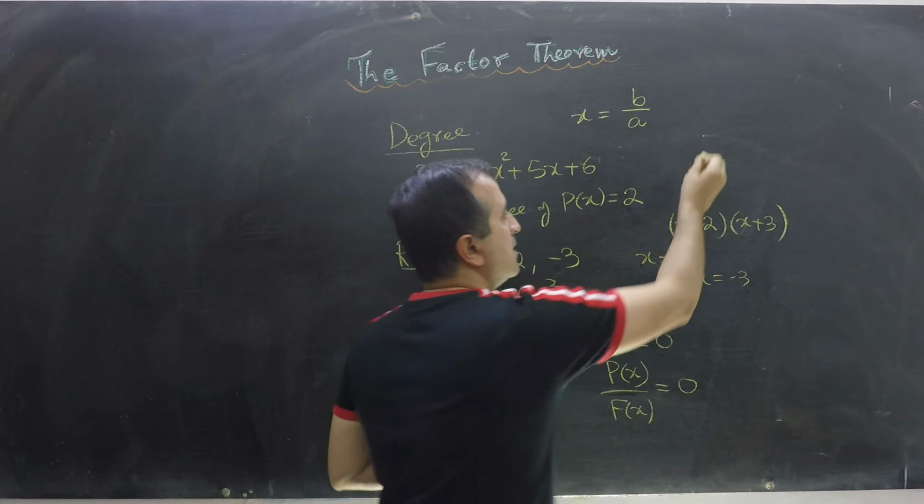Now if we simplify this, minus 8 times 3 will be minus 24 plus 4 times 17 will be 68 minus 2a plus b equals 0.